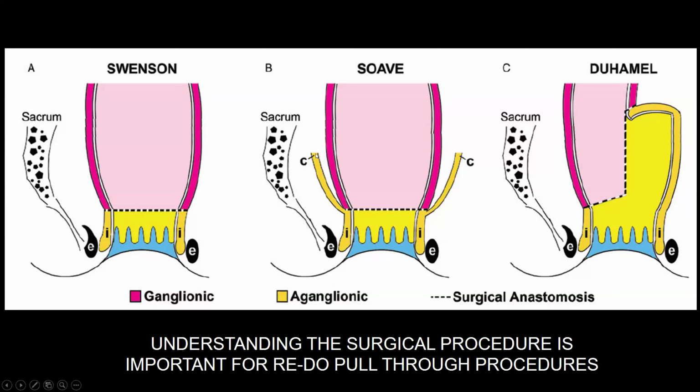And then there's the Soave, which essentially retains some of the aganglionic bowel, though it is kept on the outside and may adhere to the outside of this ganglionated bowel. And then there's the Duhamel, wherein your ganglionated bowel is brought in and attached in the posterior aspect of the aganglionic segment. As a result, if you do get this redo pull-through, you will find that there are portions of the pull-through that have no ganglion cells. So this is just important for us to understand when we get those specimens, what we are getting.